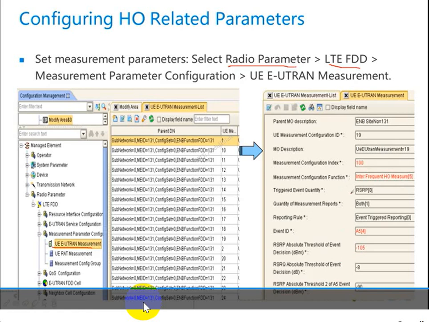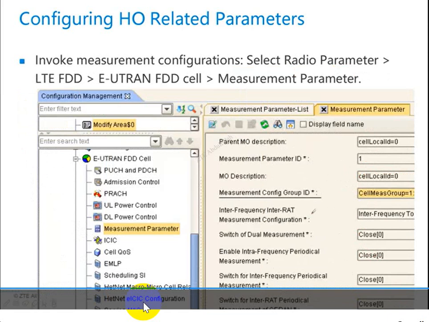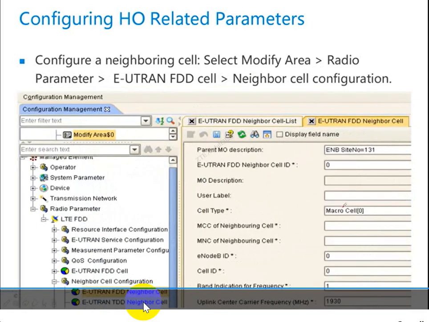For example, we can set the measurement ID, measurement type, measurement quantity, and events and thresholds. They can all be set here. And next is also about the measurement parameters, which are more detailed to configure.